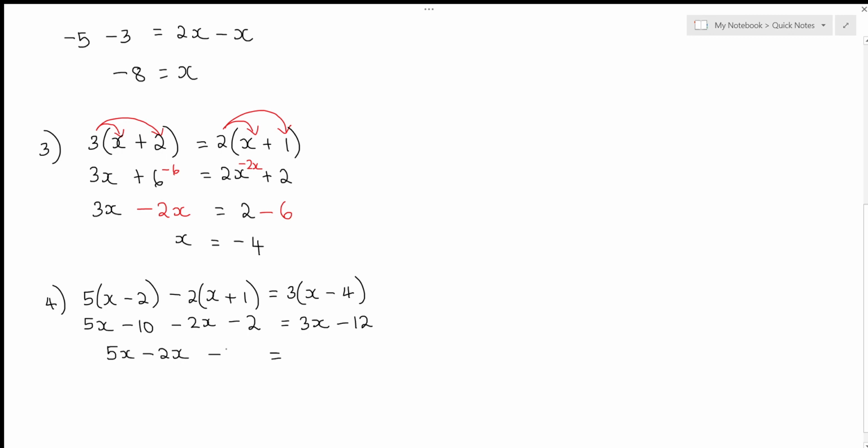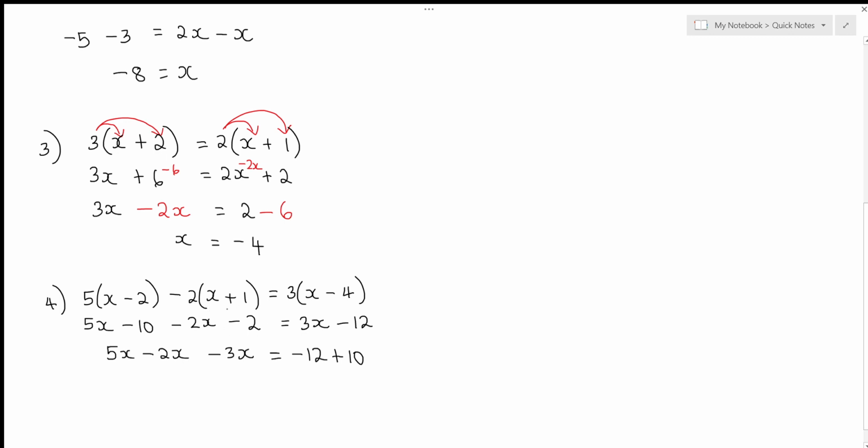Therefore, I'm going to minus 3x on the left-hand side. On the right-hand side, I have negative 12. I've got minus 10 here. The inverse of minus 10 is plus 10. So basically, I'm going to plus 10 on the left-hand side to get rid of it. So therefore, I plus 10 on the right-hand side.